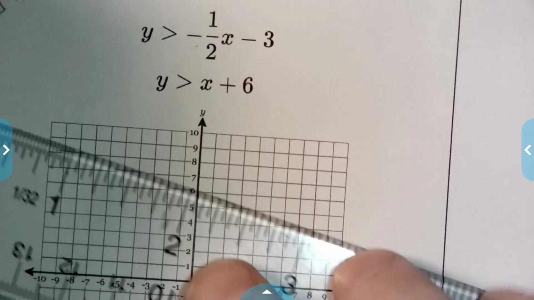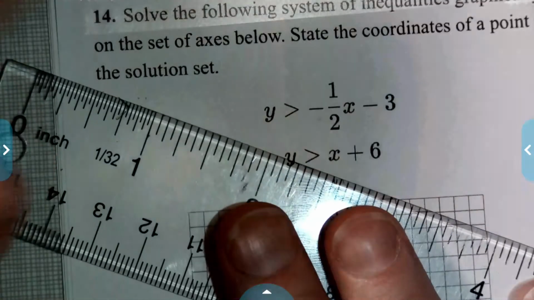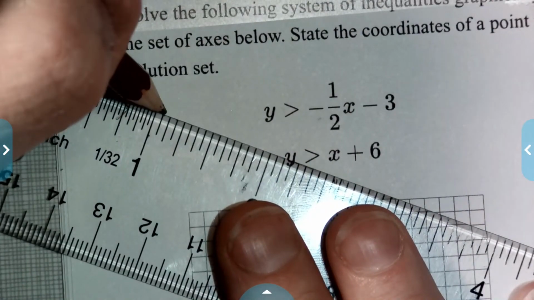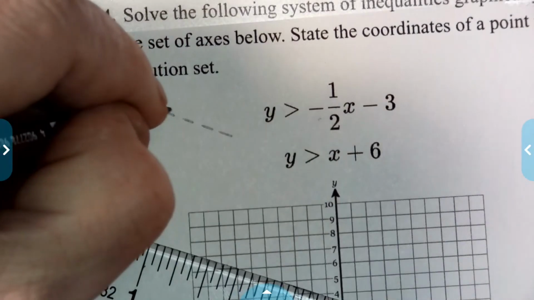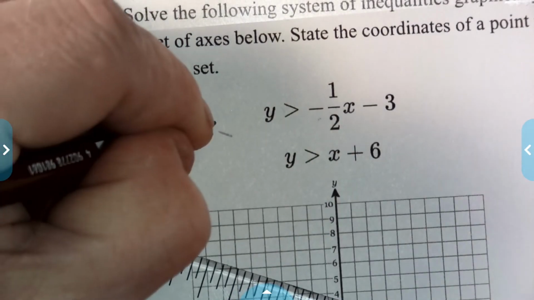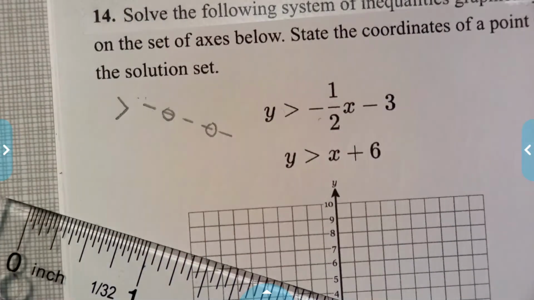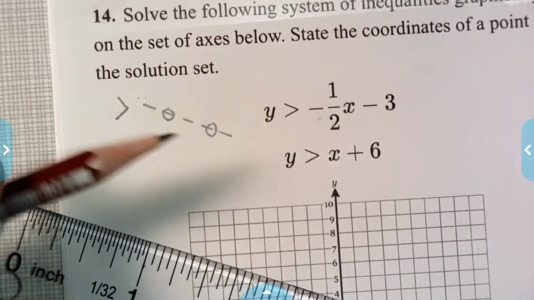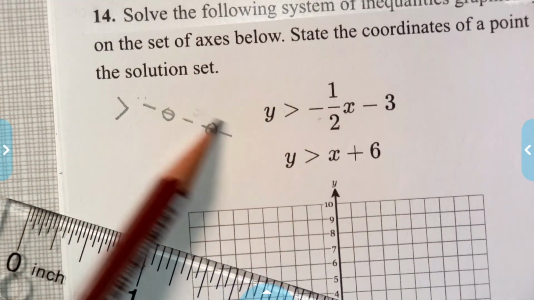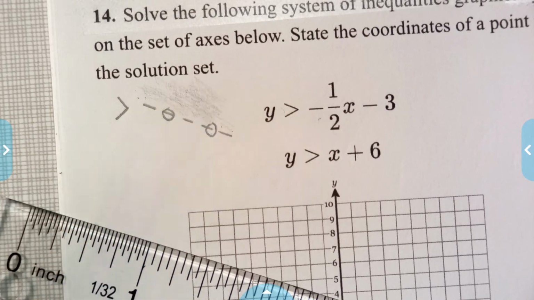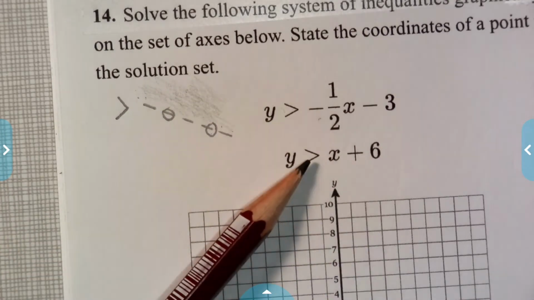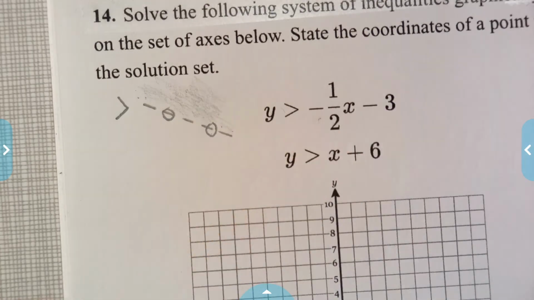I noticed that we have a negative slope, so this is going to look kind of like this. Dashed line, open circles, okay, wherever you plot points, open circles, and then the shading will be above the line, okay? Same thing here, only the slope will be positive.